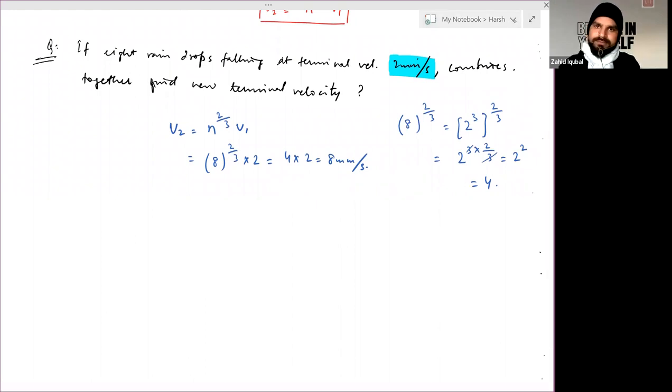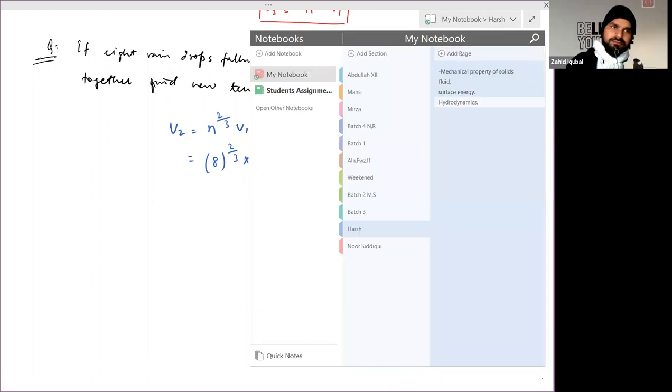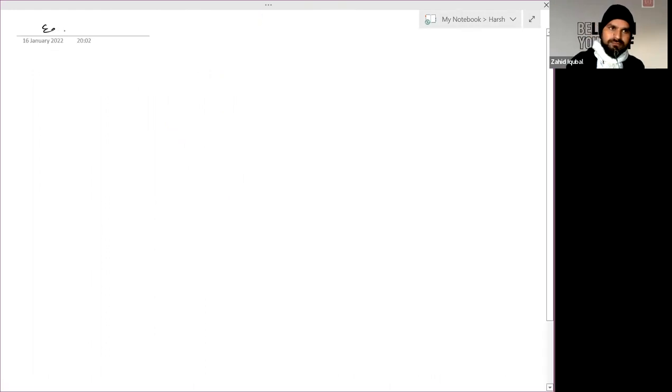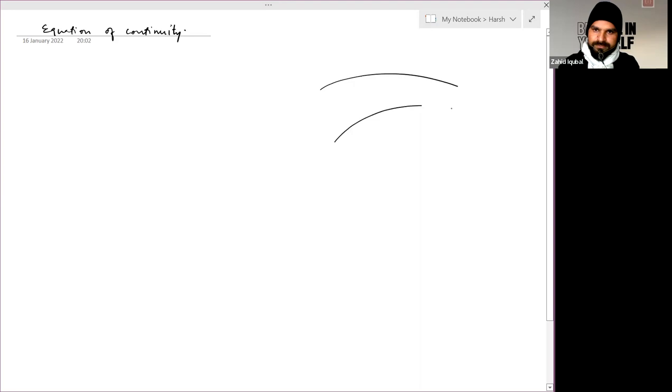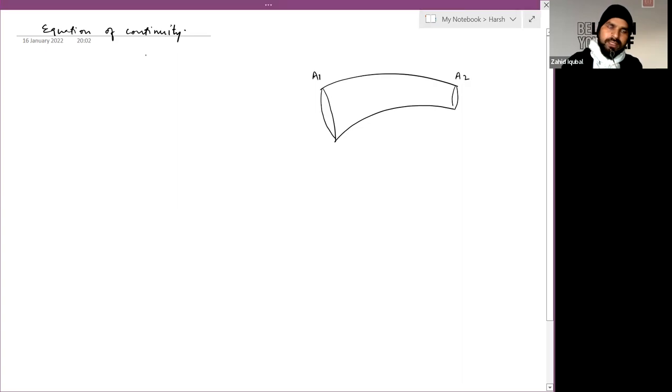Next is the equation of continuity. Suppose you have a tube having areas of cross section A1 and A2.